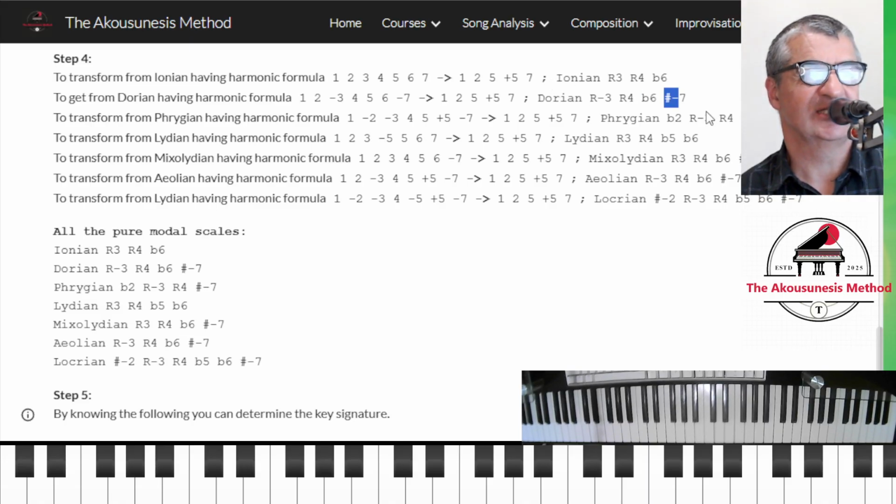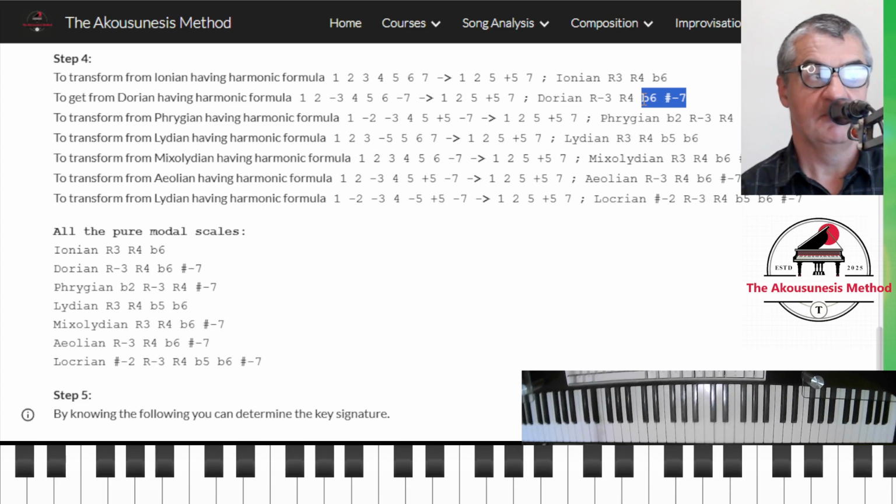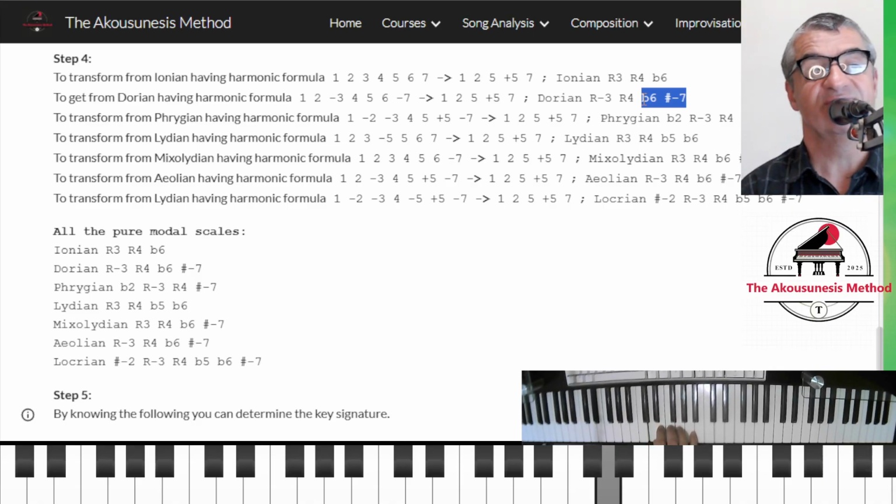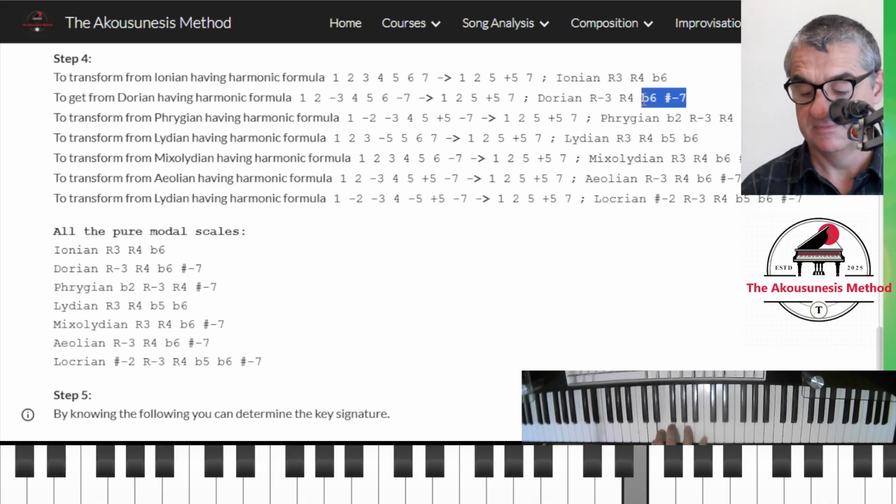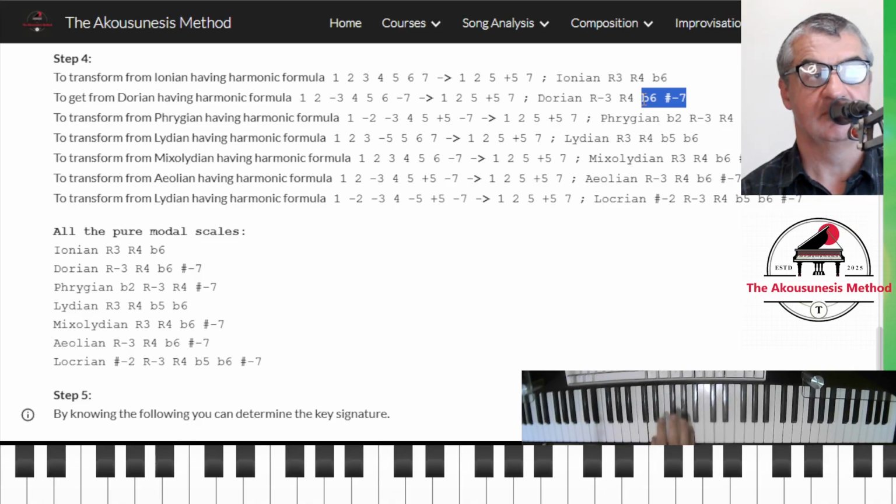So we've got 2 operations, so it's going to be harder to remember to do it live. But if you're composing a piece and this is the way you want to play it, that's totally up to you. So we've got the Dorian here, minus 3 and minus 4, and then we flatten the 6, to there.